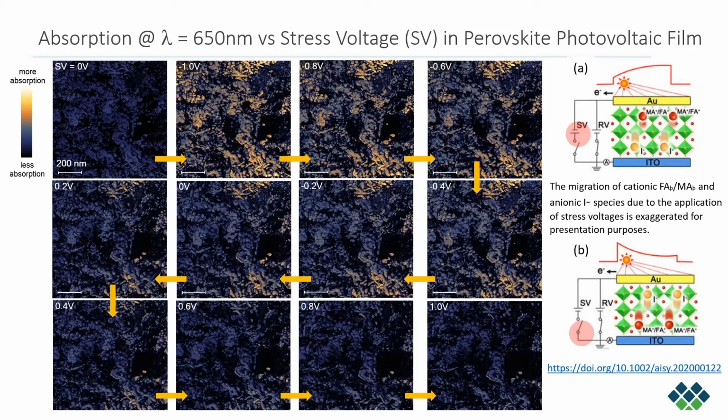And then as you apply bias voltage all the way up to 1 volt to counter the original -1 volt, you can see that the perovskite film has reverted back to the original ionic concentration, so that now you have a situation very similar to the original 0 volt.